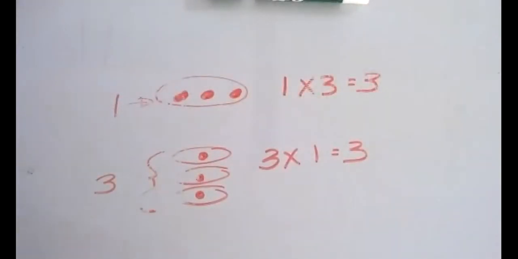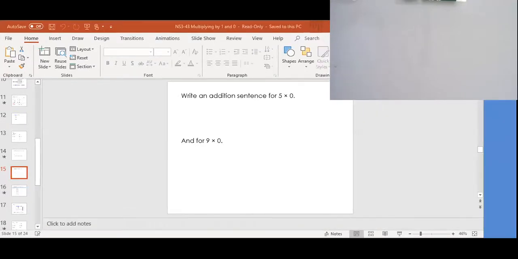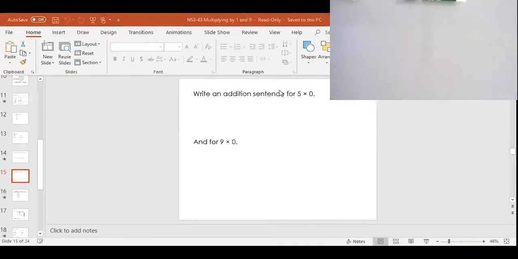Then we're working on multiplying by 0. Okay, so now we're doing multiplying by 0. The first question here says, write an addition sentence for 5 times 0. So remember, always, instead of saying times, say 5 groups of 0.